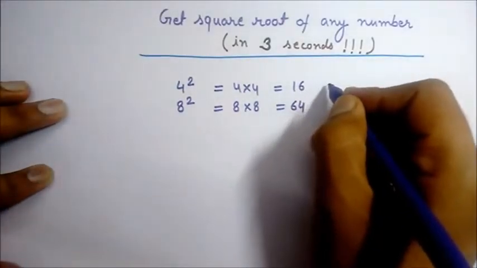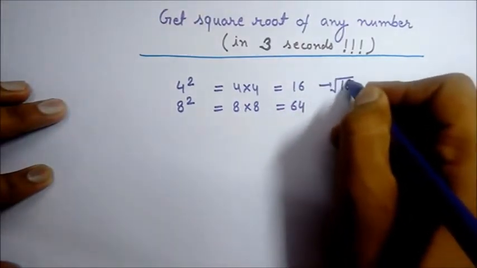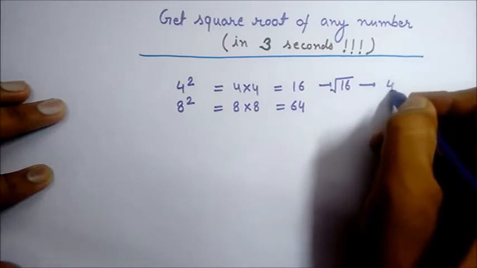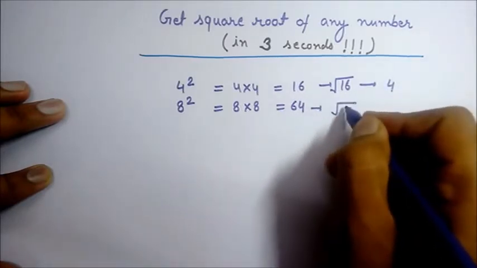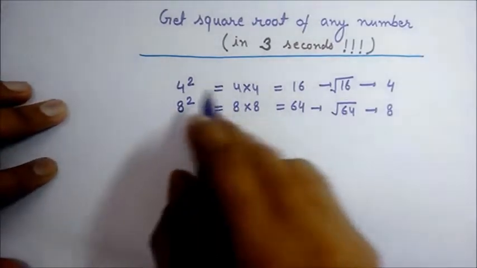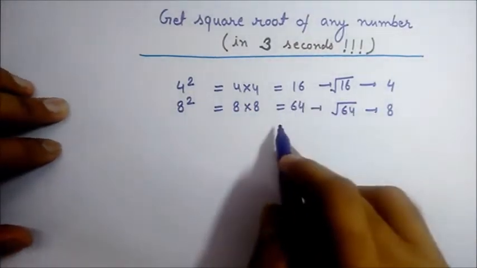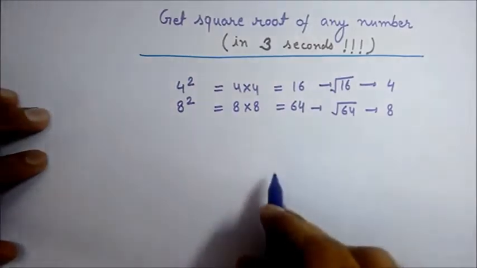So the square root of 16 is 4. Similarly, the square root of 64 is 8. So we can get the square root from their squares.